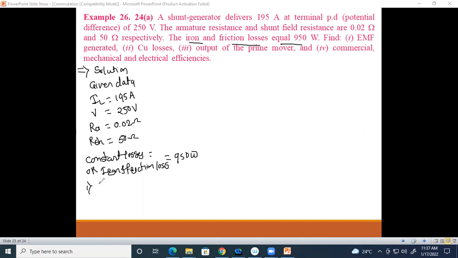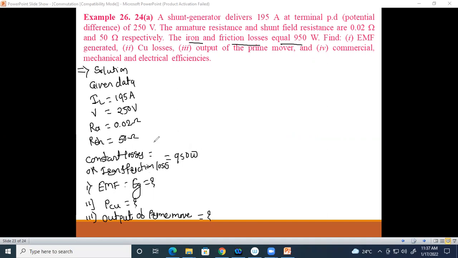Find, first, the EMF generated. Second is the copper loss, so PCU we want to calculate. Third is the output of the prime mover. Output of the prime mover is nothing but the input of the generator.